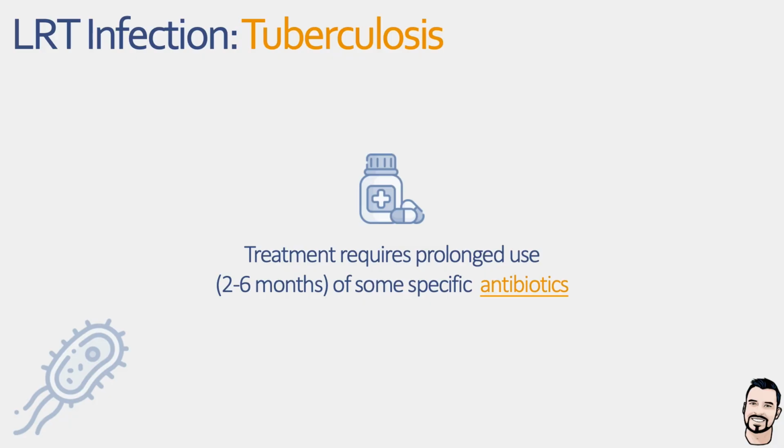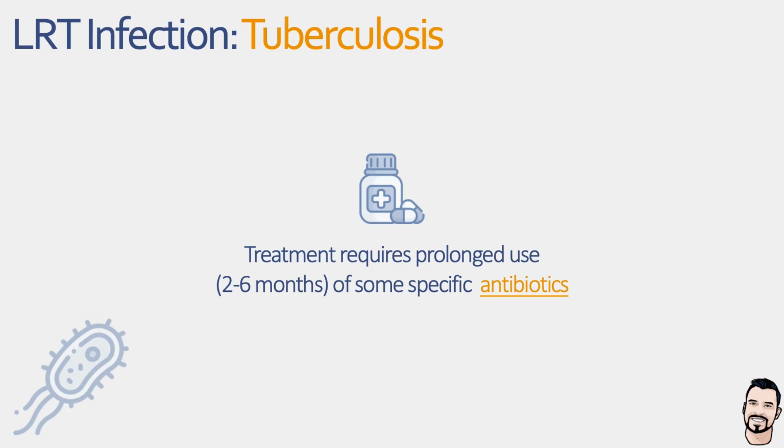Well, it's a little more tricky than some other infections. We are able to use antibiotics, however, due to the location of the bacteria within the tubercle and their specialized cell wall, they need prolonged treatment, usually in the region of 2 to 6 months due to the slow-growing nature of the bacteria.